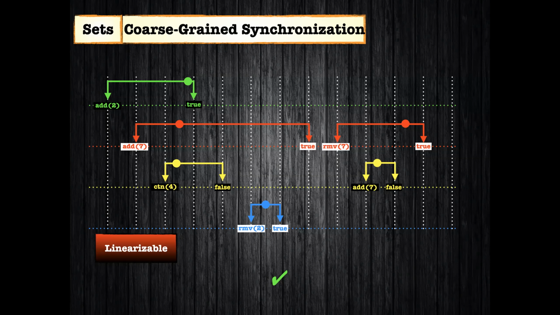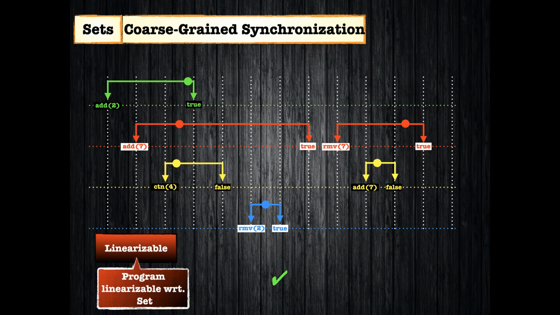So the different threads may execute peacefully without interference from the other threads. And this makes it relatively straightforward, although if you want to do it formally, you have to do it formally. This is not what we are doing here, but it makes it reasonably straightforward to show that indeed any history that you generate from this program can be linearized to a sequential history that respects the abstract data type set.